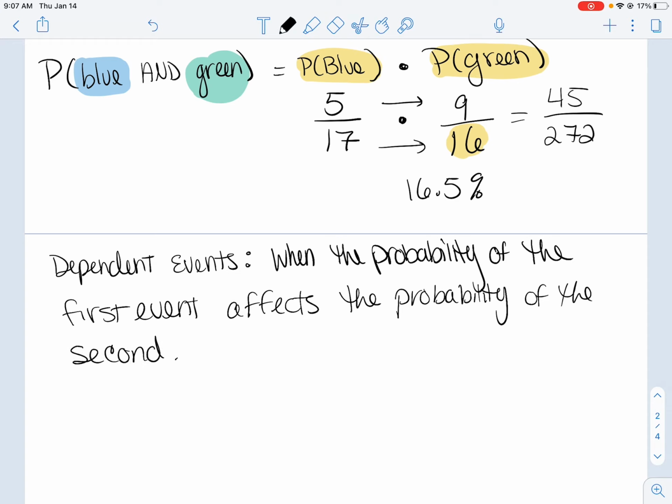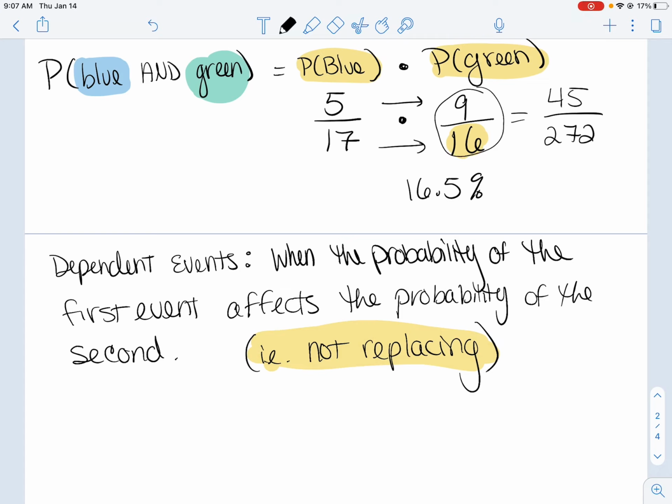Okay, and so a lot of this time you'll see the words not replacing, or keeping out, or not putting back. That sort of phrasing tells you that it's going to be a dependent event, so you better watch what your second probability comes out to be. Okay.